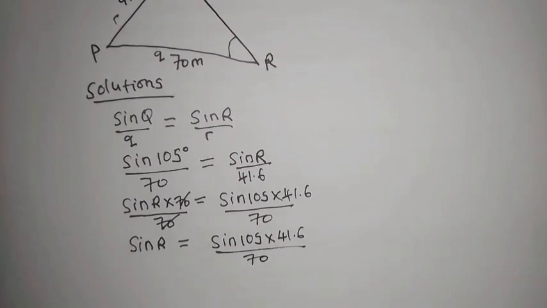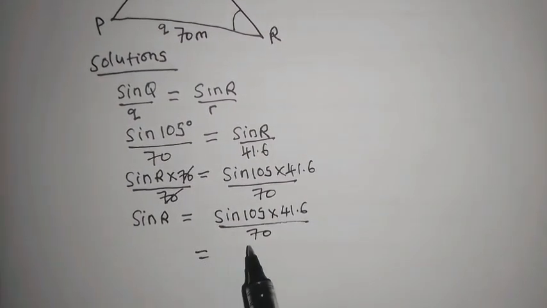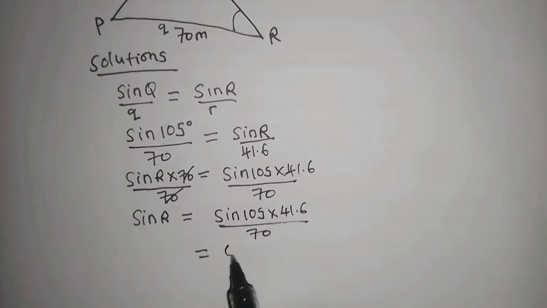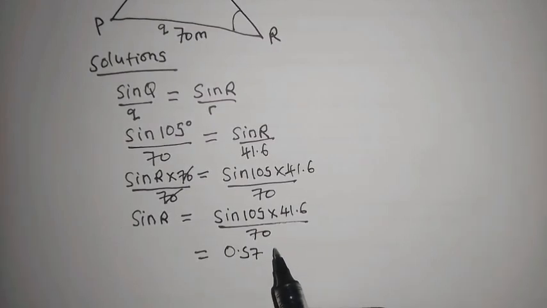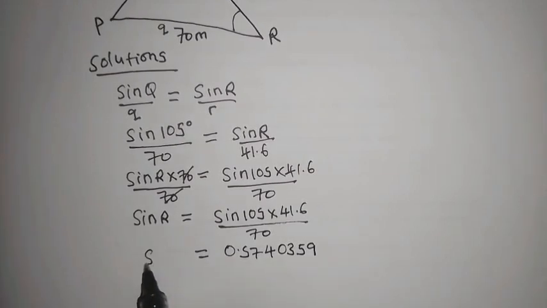Once you punch it on your calculator, you are going to get a number like 0.5740359.